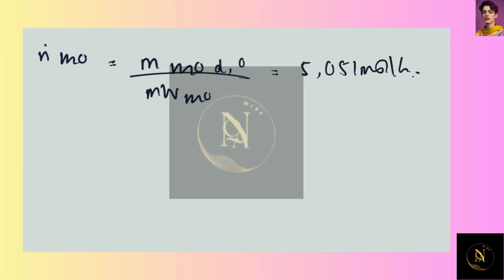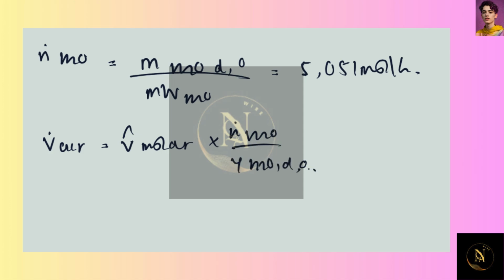So finally we can calculate the volumetric flow rate of air into the dryer. We have V dot air is equal to V molar multiplied by moles of H2O divided by gamma H2O dryer out. So the volumetric flow rate of air fed into the dryer is 1.62 times 10 to the 6 litres per hour.